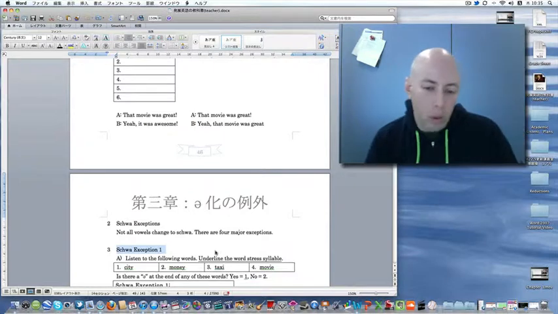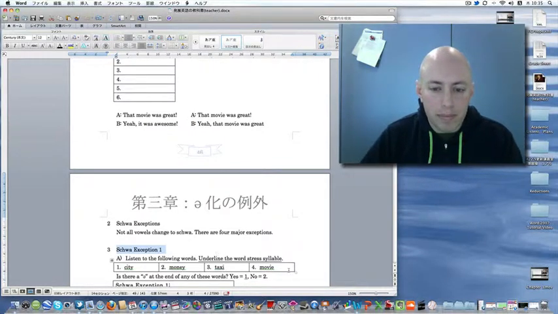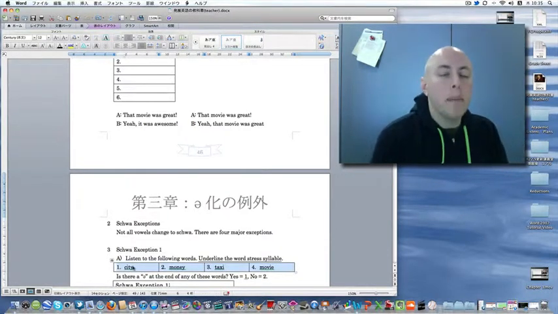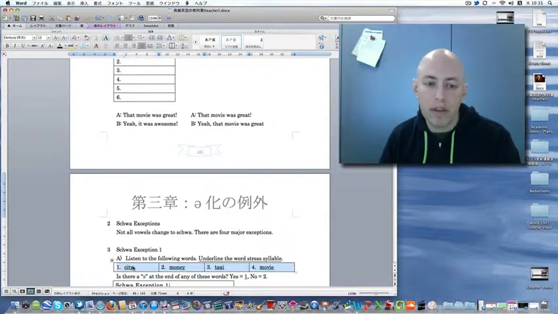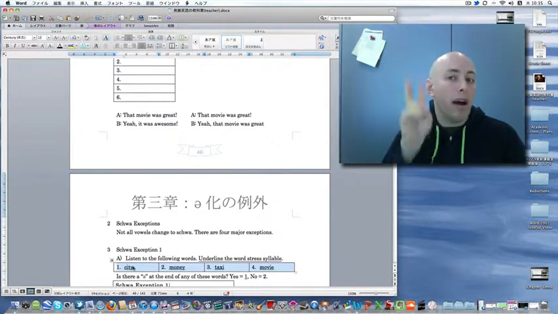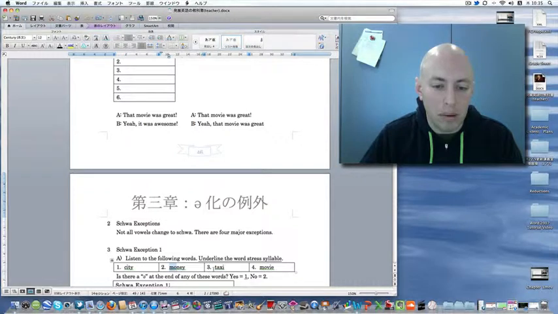Listen to all of these words and notice how many syllables they have. City, money, taxi, movie. They all have 2 syllables. And the word stress in all of these words is the first syllable.